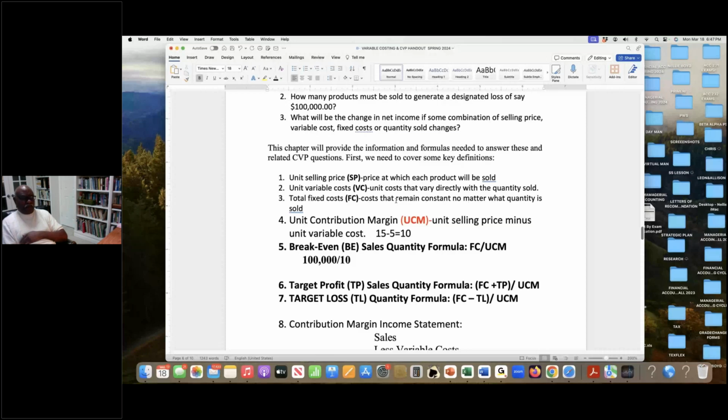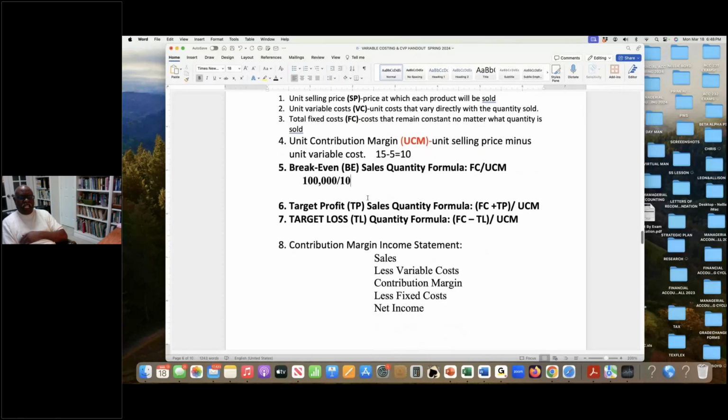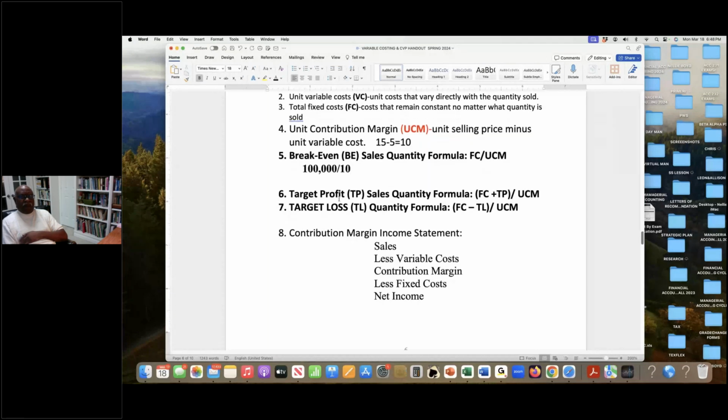Then there are these 3 formulas which you've got to memorize. One formula tells you the quantity to break even. The next gives you the quantity you're going to need if you have a certain target profit.